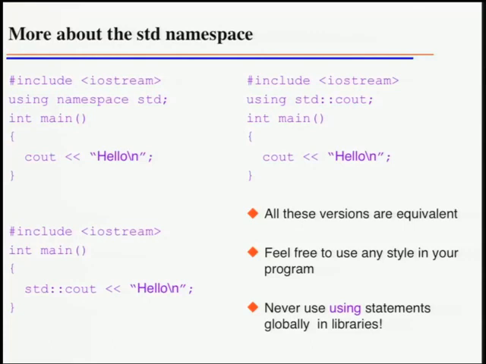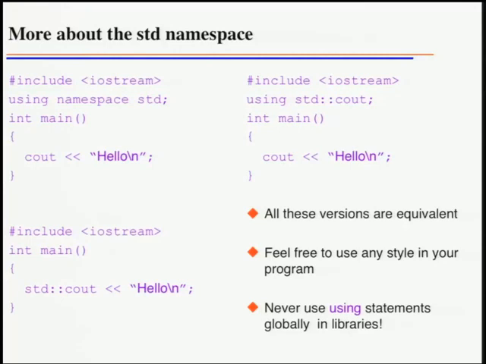Without this using namespace statement, we have to explicitly specify in front of each cout that it is part of the std namespace. Or we can also import only specific parts of the library by saying using std::cout. Then we can use cout without the std, but nothing else from the std library.